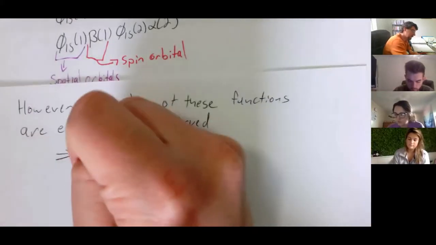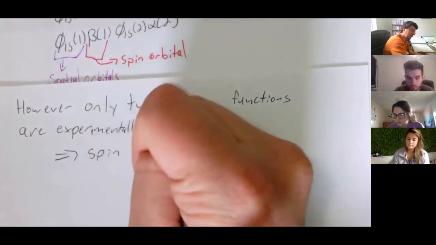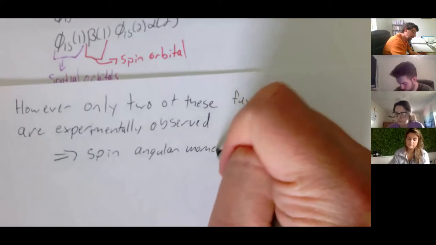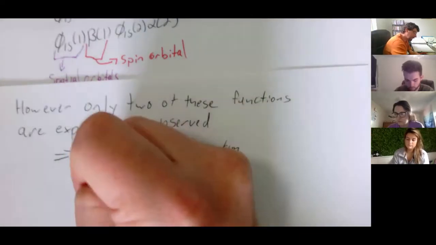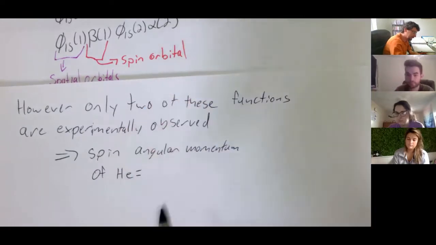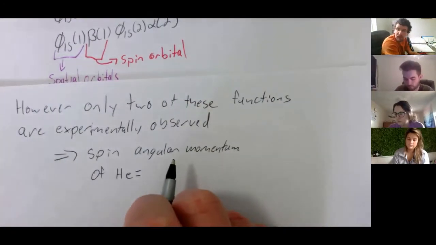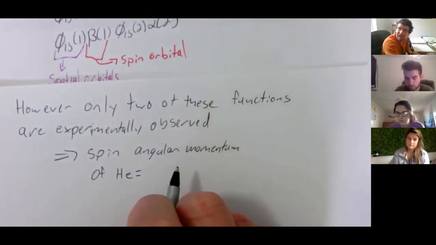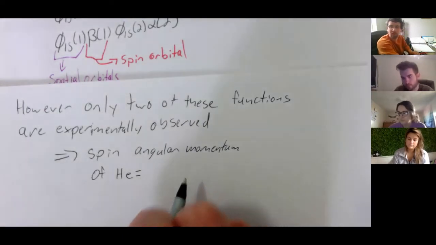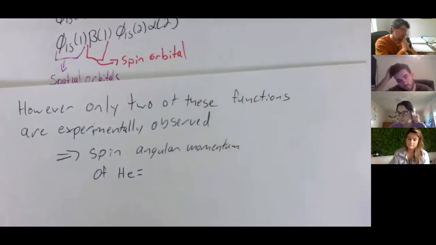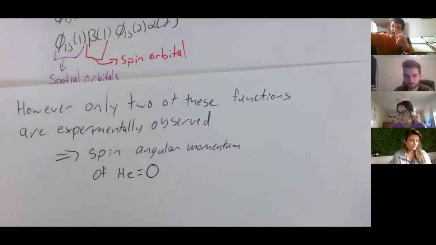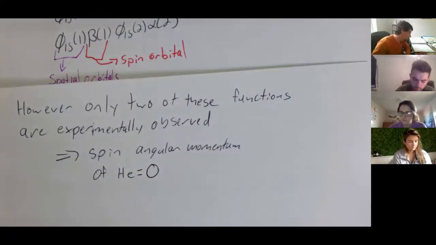Because if you look at the spin angular momentum of helium, can anyone guess what the value is going to be? Remember, 0. What was that, Josh? 0. Will they cancel out? Yep, they cancel out because the upspin and the downspin are meant to cancel one another out.